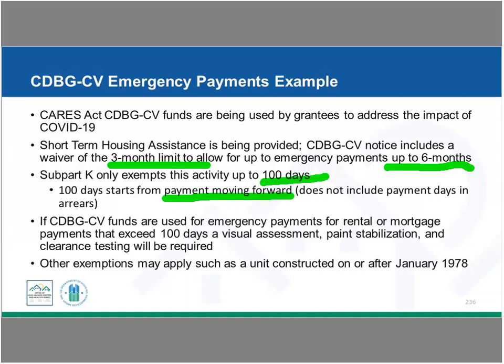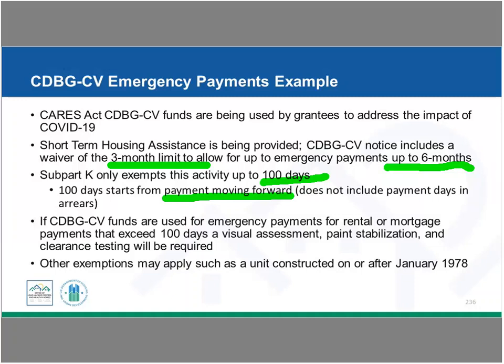I think it would be very typical for a program providing CV emergency rental assistance to have an applicant come in who already was in arrears for, let's say, 3 months worth of rent. Let's say today is June 9th. I'm going to write this down so I don't get lost in trainer math.